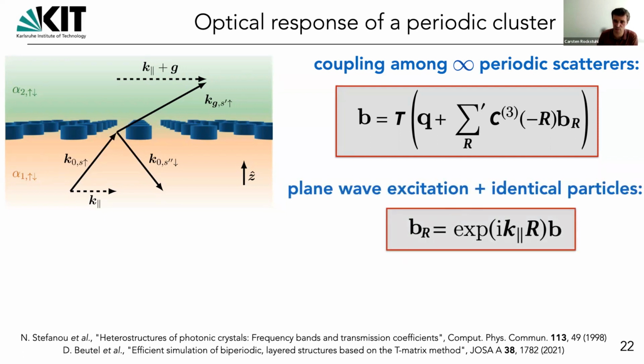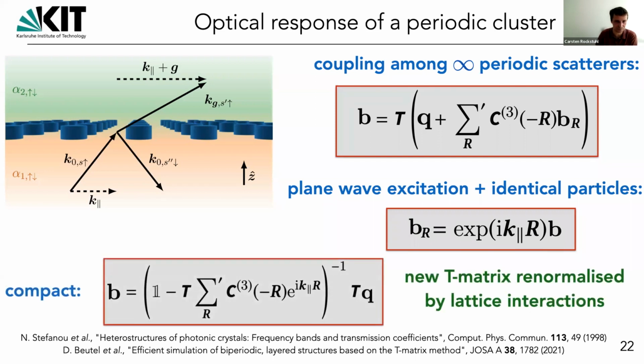And now the cool thing is, if we know that we have identical particles and plane wave excitation, we know that the scattering responses from all these objects are trivially linked to each other with a certain phase retardation, where the phase retardation is simply the consequence of a different phase at which each of these particles is excited, if we choose a plane wave for illumination. This plane wave has a phase variation across the area, and that's going to lead to a phase variation in the response.